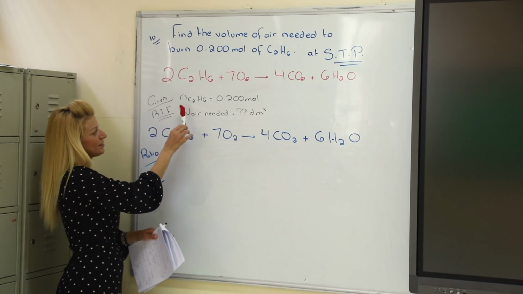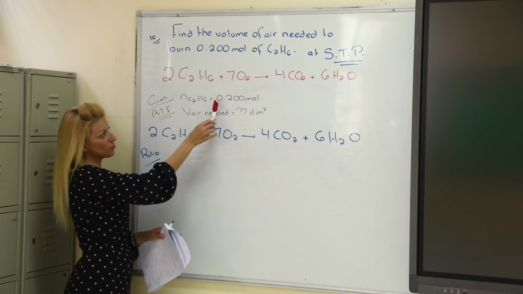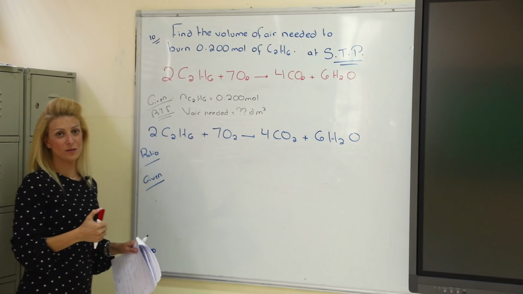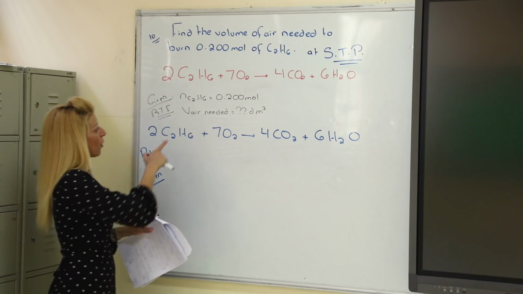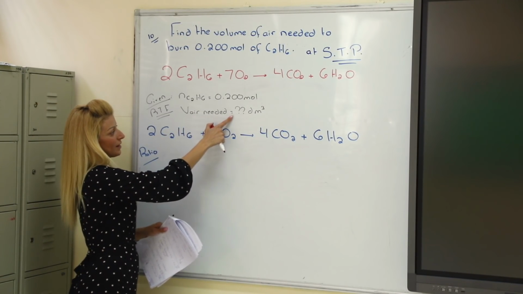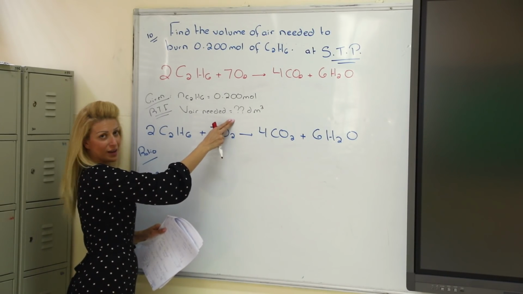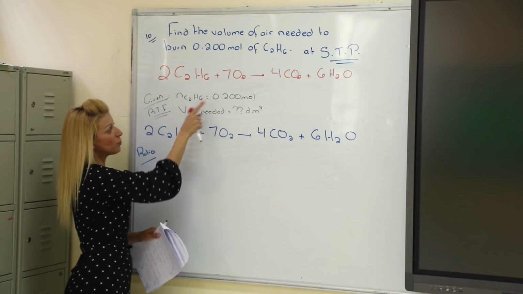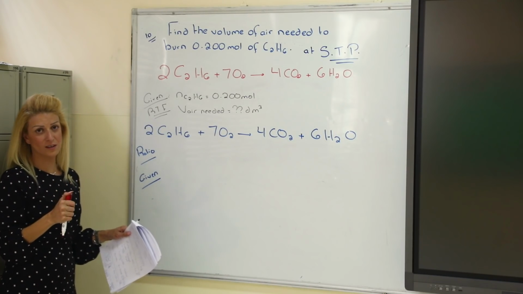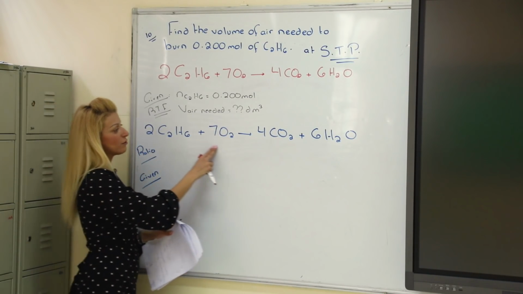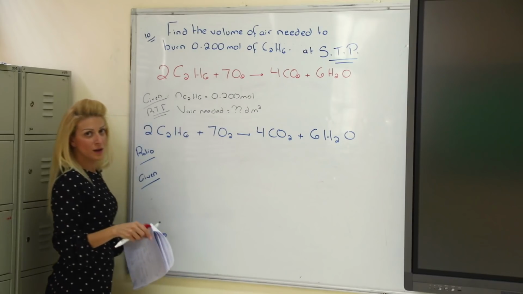The given is the moles of C2H6, which is given to be 0.200 moles. Volume of air needed, we need to find how many liters or deciliter cubed of air is needed to burn 0.2 moles of C2H6 completely. So we rewrite the equation below.